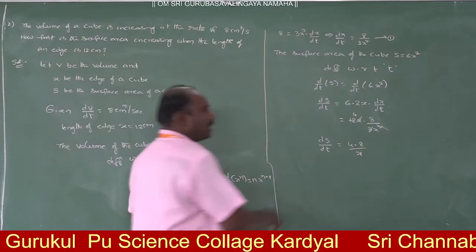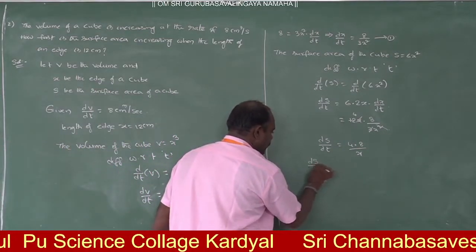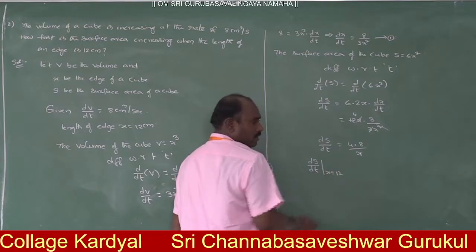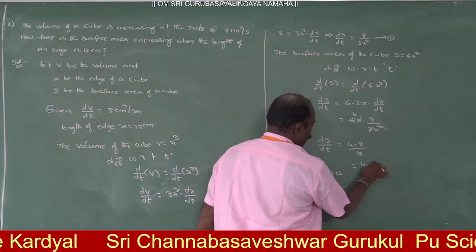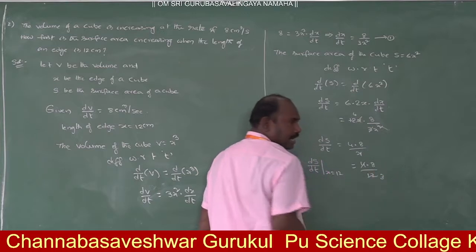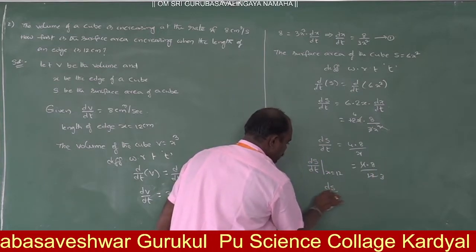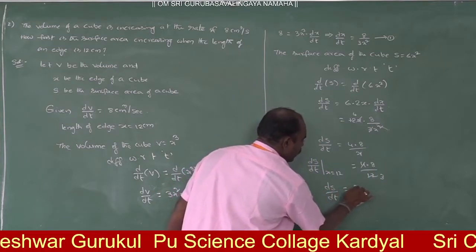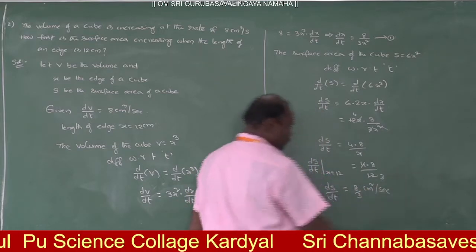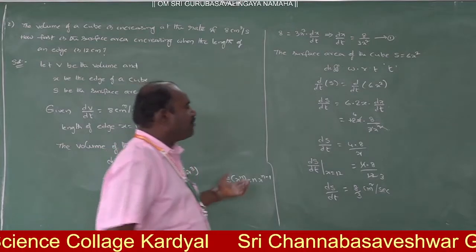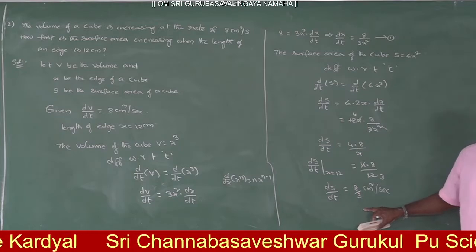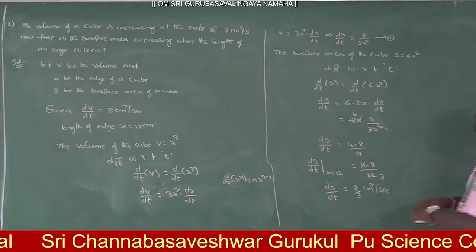So ds by dt at x equal to 12 equals 4 into 8 by 12. 4 ones and 4 threes are cancelled. Therefore, ds by dt equal to 8 by 3 centimeter square per second. So the surface area is increasing at the rate of 8 by 3 centimeter square per second.